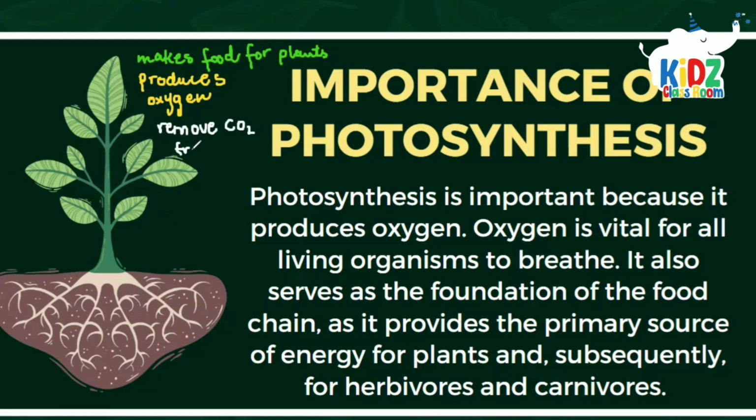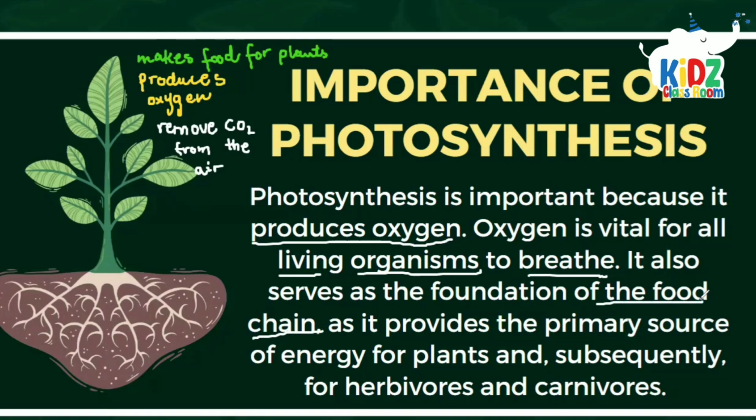So photosynthesis is important because it produces oxygen. And oxygen is vital for all living organisms, right? To breathe, including us, animals, and it also serves as the foundation of the food chain.